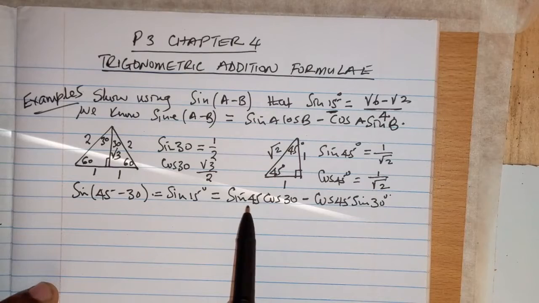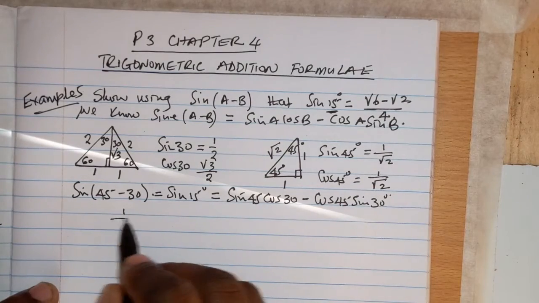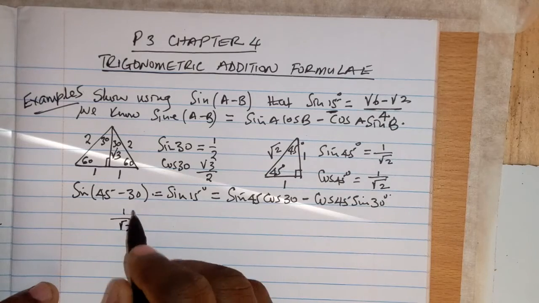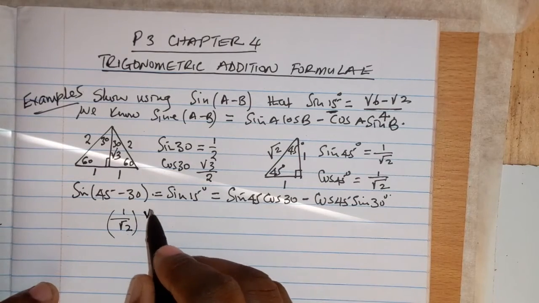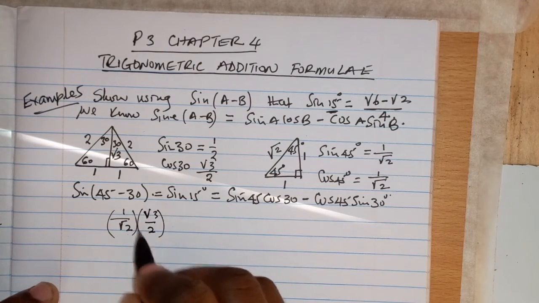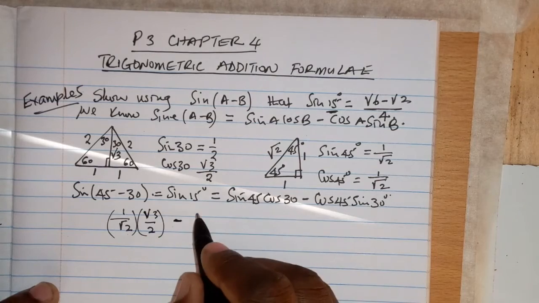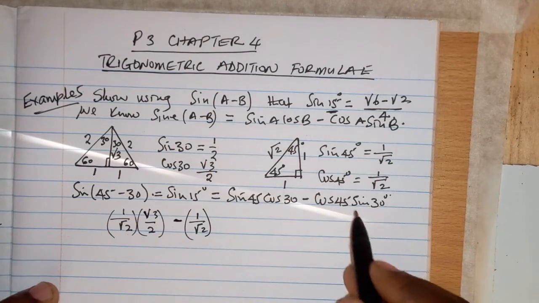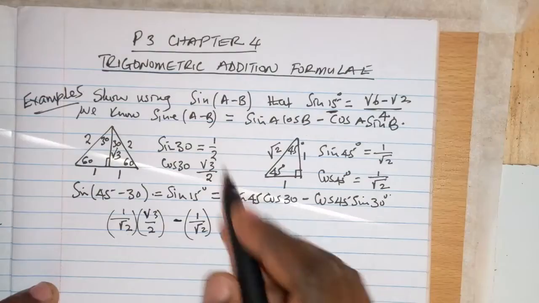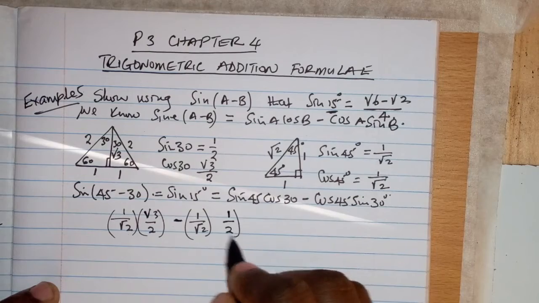So what is the sine of 45? The sine of 45 is 1 over root 2 multiplied by the cosine of 30, which is root 3 over 2, minus the cosine of 45, which is 1 over root 2, multiplied by the sine of 30, which is a half.